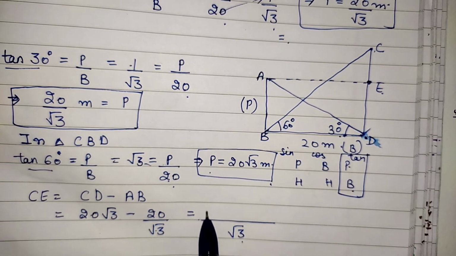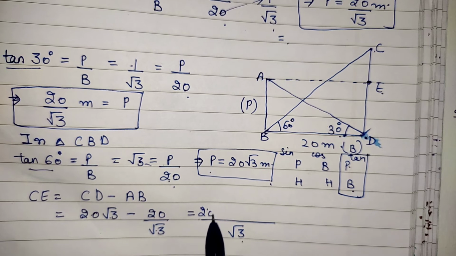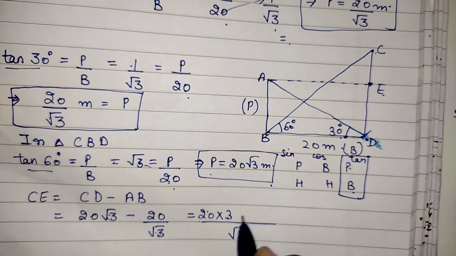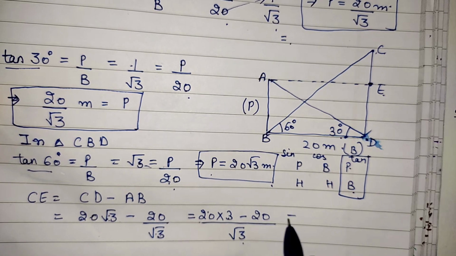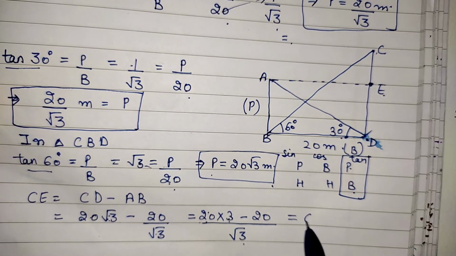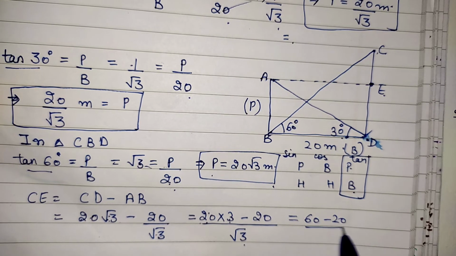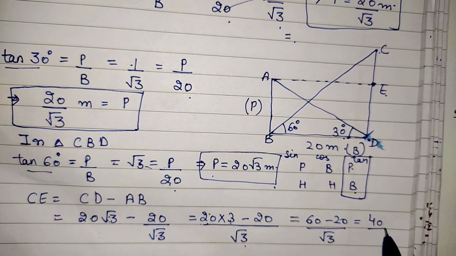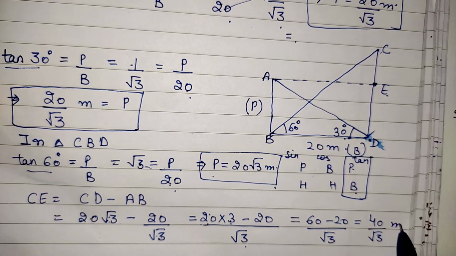After doing this multiplication, I will get 20 into 3, because root 3 into root 3 will become 3, so 60 minus 20 by root 3. So 60 minus 20 will be 40 by root 3 meter.